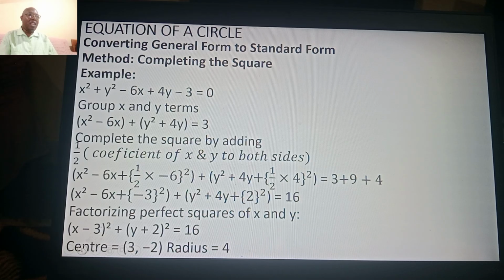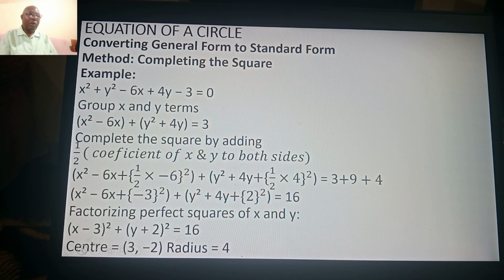So you have 3 plus half times negative 6, which is negative 3. And when you square negative 3, you get 9. So you add 9. And then half times 4 is 2, and 2 squared is 4. So you also add 4. So on the right side, we have 3 plus 9 plus 4.